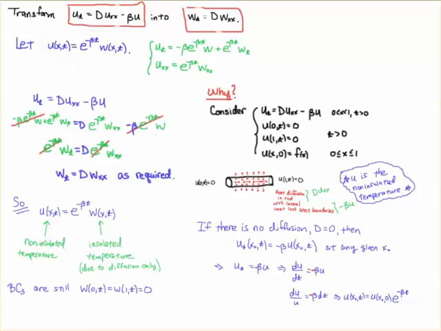And the boundary conditions are still going to be the same. So the bottom line here is that you can take this PDE using this transformation, which accounts for your lateral heat loss, transform it into this PDE here, and then use these boundary conditions, which are the same because of course there's no spatial dependence on the e to the minus beta t term.